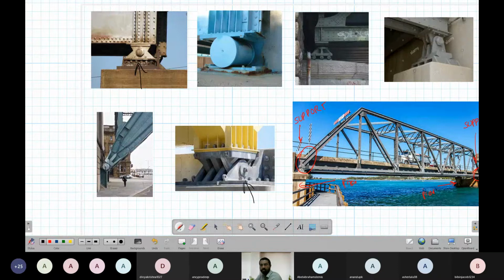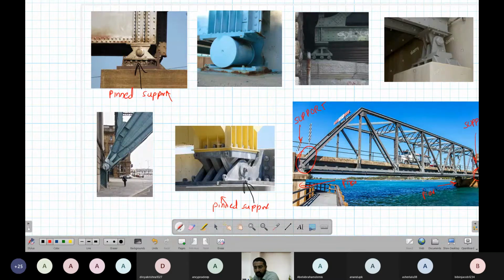Forget about these supports and observe these two supports. This support is what is known as a pinned support. This is also pinned.